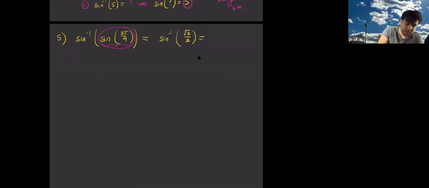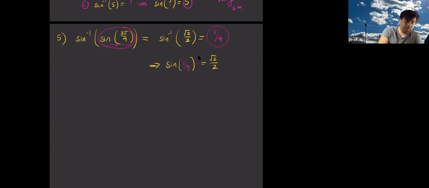Or in other words, sine of what angle gives me rad 2 over 2? And we should know this. 45 degrees, right? But what is that? Pi over 4 radians.